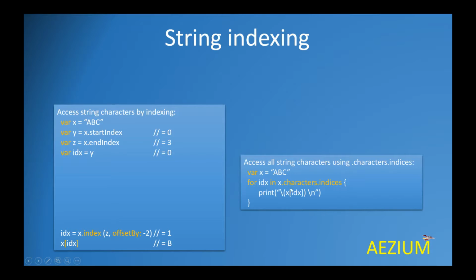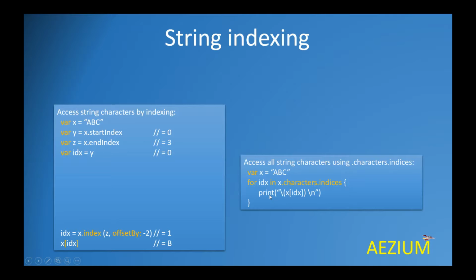We use this arrangement, x.characters.indices. Again, all these in yellow are keywords. So this will generate the indices of all the characters within the string called x, and then all those indices are allocated to idx on a one-by-one basis. And as long as there is an index left here, the loop is repeated.